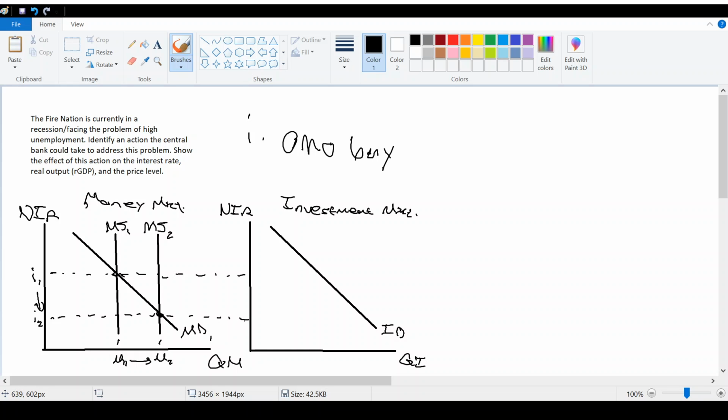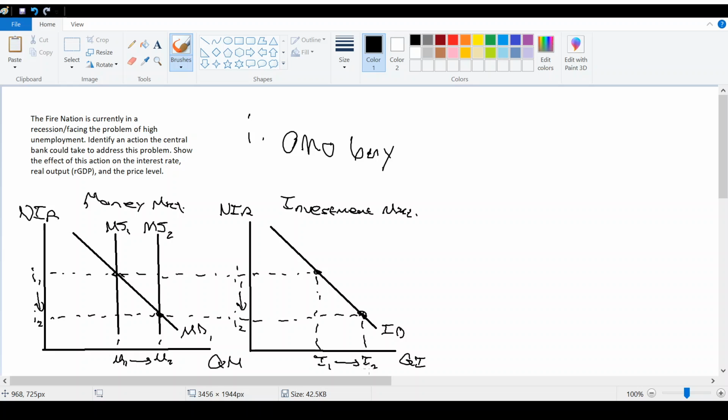So we draw these lines all the way out to here. And you can write here I1, I2 again if you want. Then we show there's a decrease in the interest rate, and that causes an increase in the quantity of investment. I1, I2.